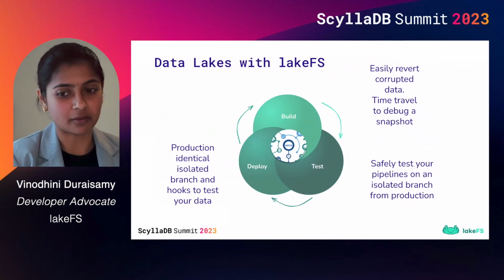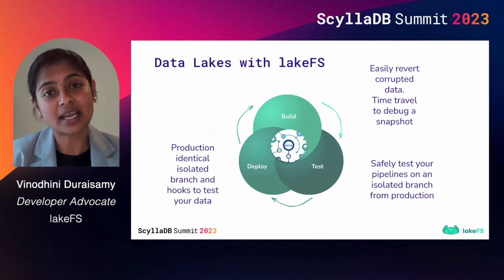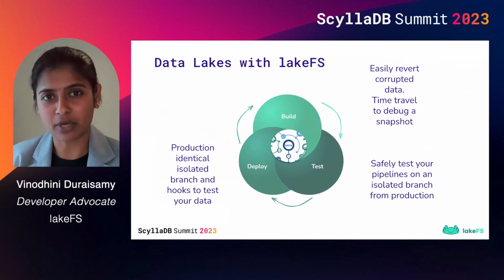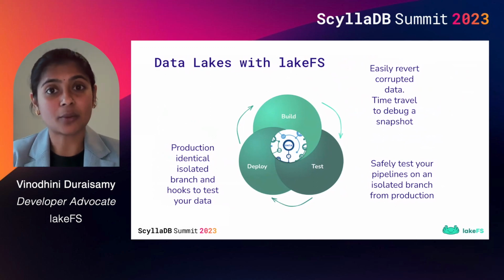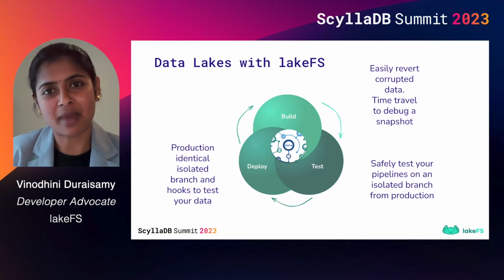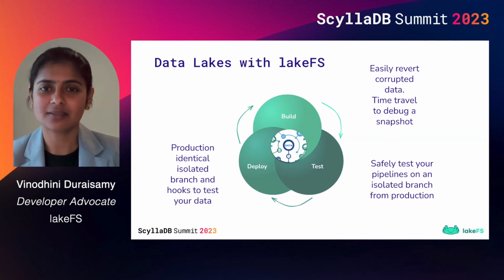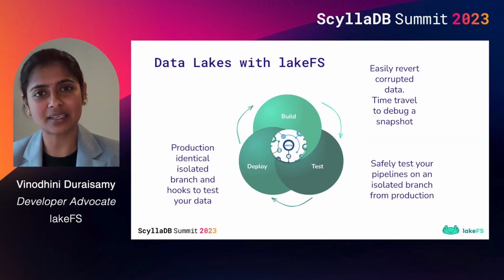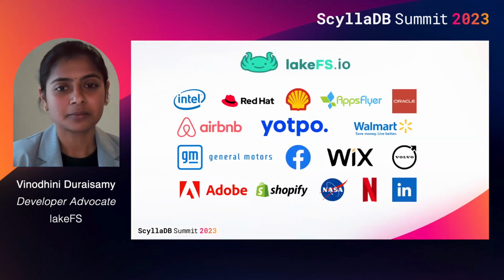When it comes to testing, you can test a pipeline on an isolated testing branch without risking your production data at all. And in the deploy phase, you can revert from potential production errors in just one line command by using lakeFS.